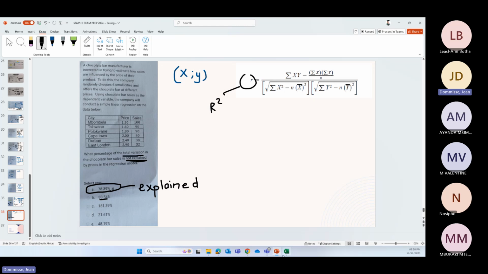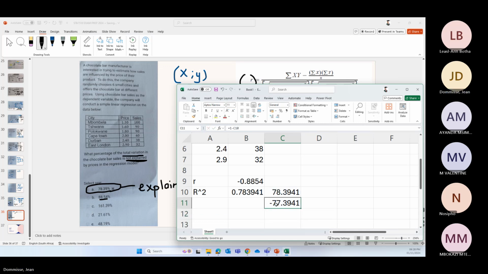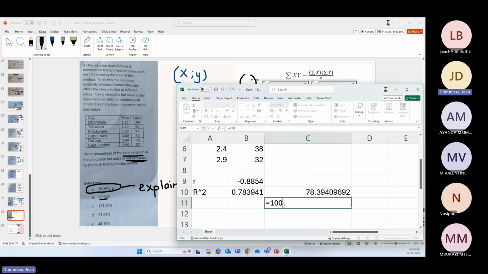So the portion that is not explained is 1 minus that. In the exam, I would have made exactly the same mistake with 100 minus. Sure, that is now a way to catch you out totally.